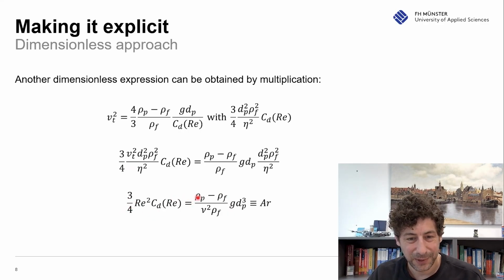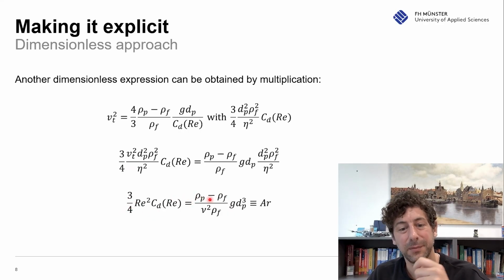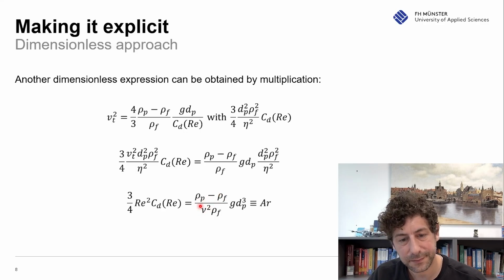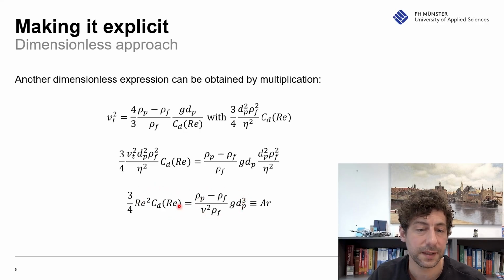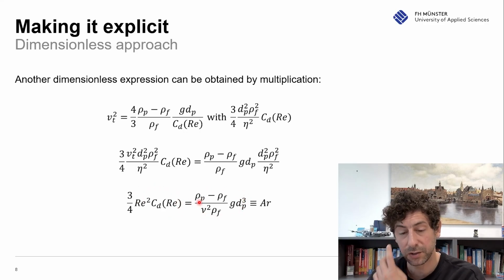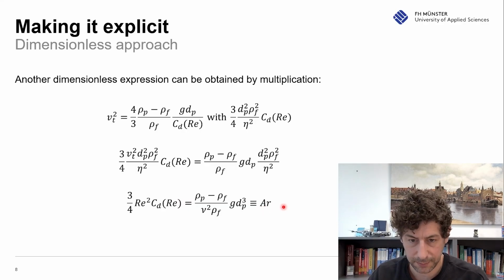And here we have the density of the particle minus the density of the fluid, divided by viscosity squared, multiplied by the density of the fluid, and then we have g dp to the power 3. And this expression is defined as the so-called Archimedes number.